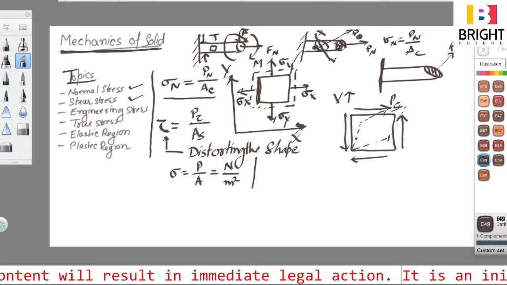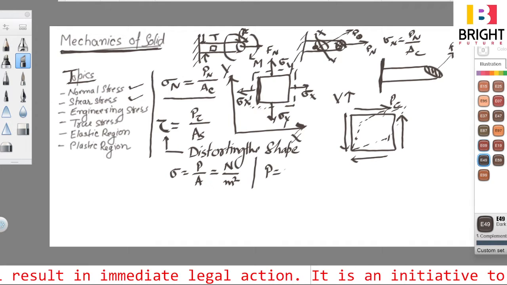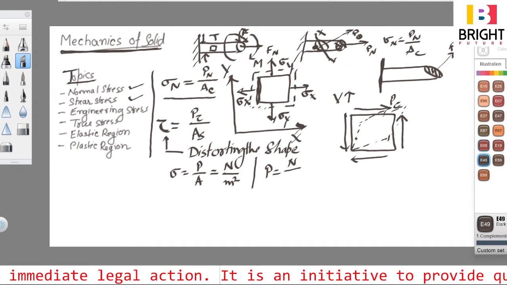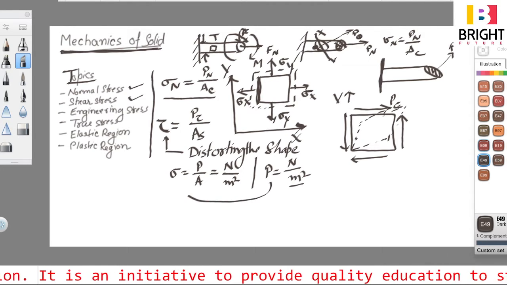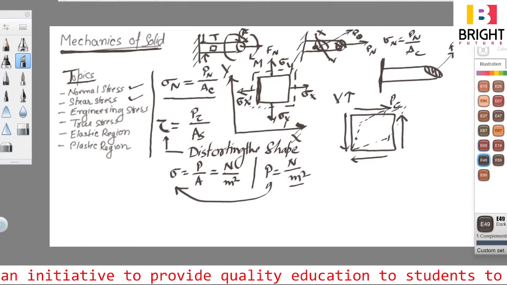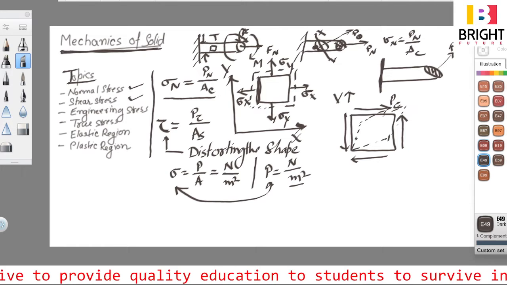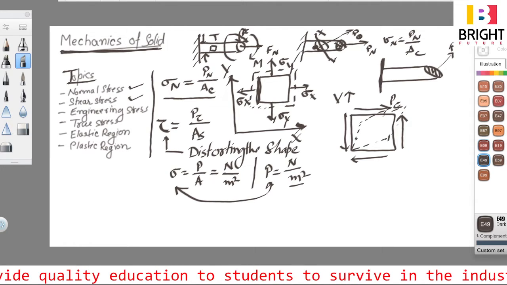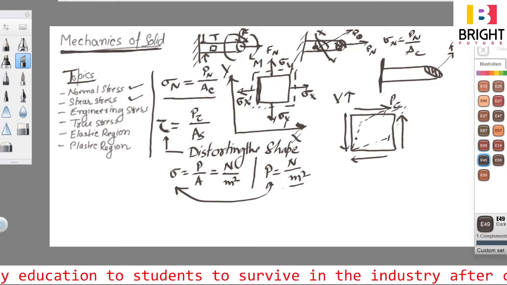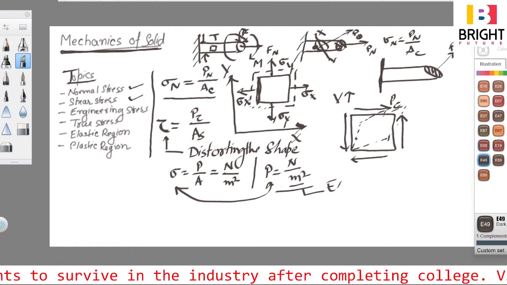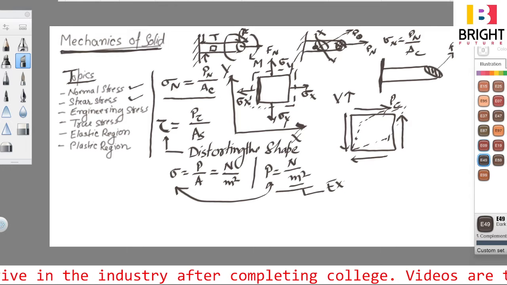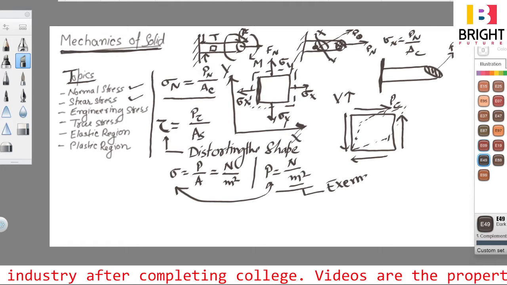Now if I ask about pressure, the unit of pressure is also the same, Newton per meter square. So what is the difference between pressure and stress? This is a normal question asked by many students. Pressure is applied externally. This is an external force. We apply pressure externally, right?